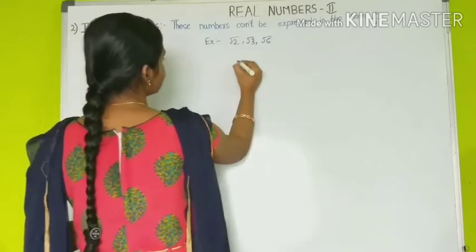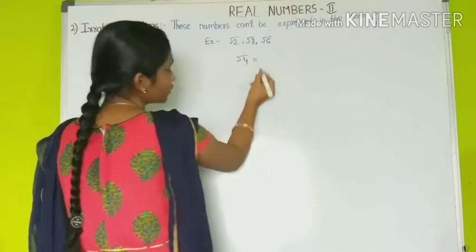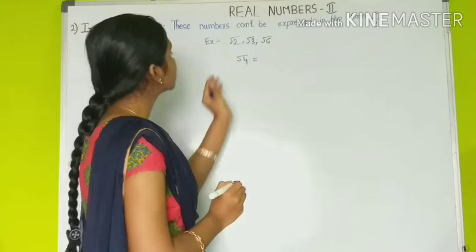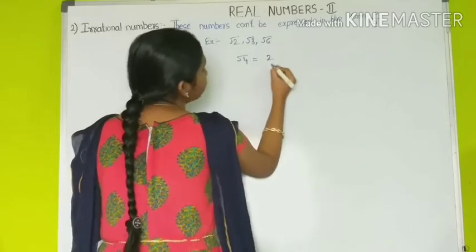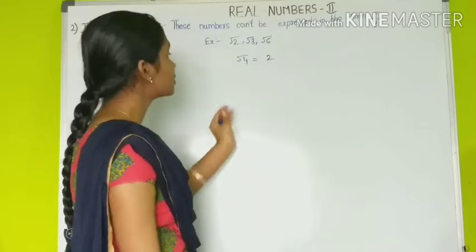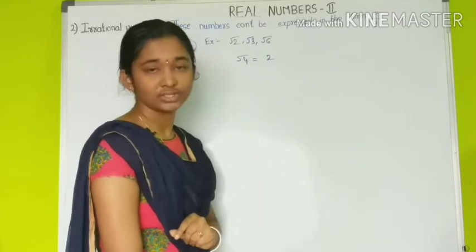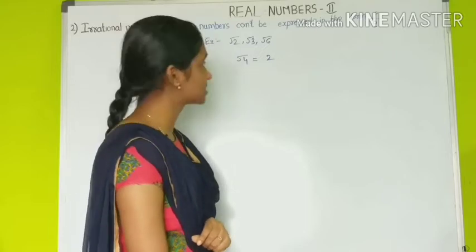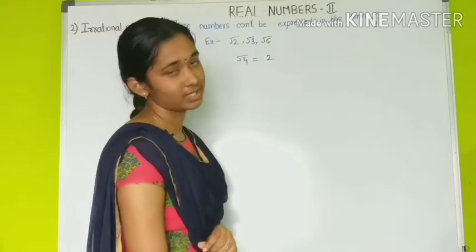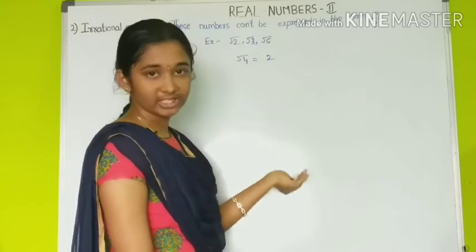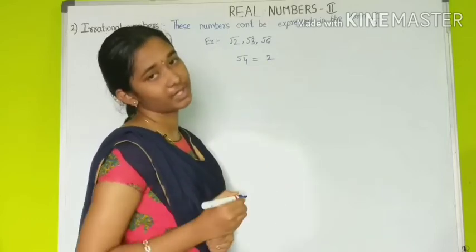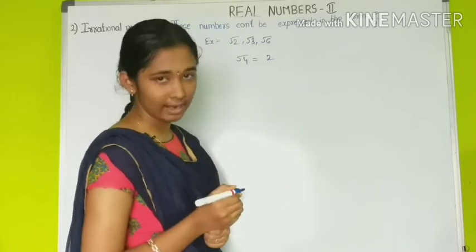And root 4. Is root 4 an irrational number? No, because the value of root 4 is 2, which is a rational number. So all square roots are irrational numbers except some perfect squares like root 4, root 9, root 16.